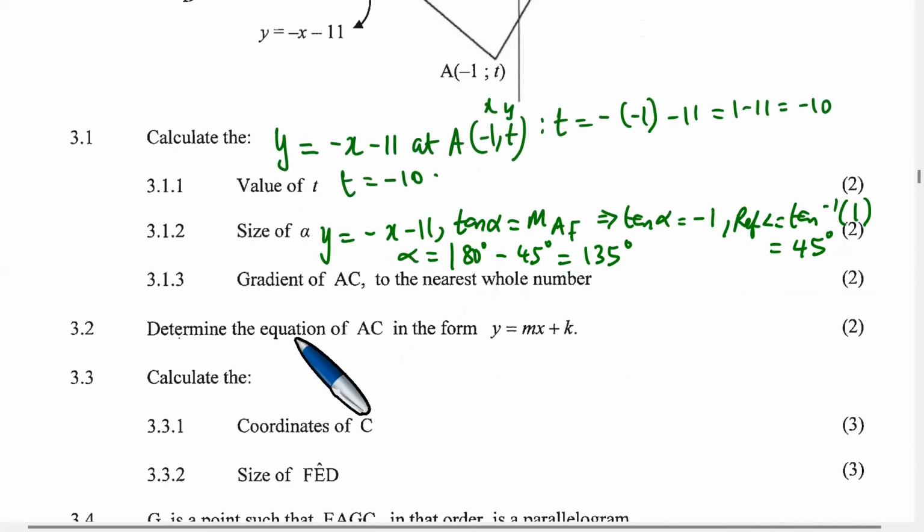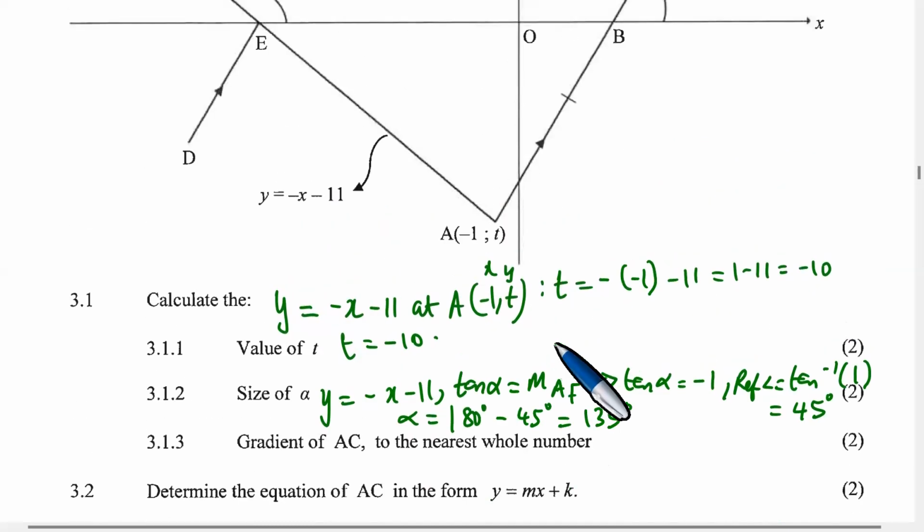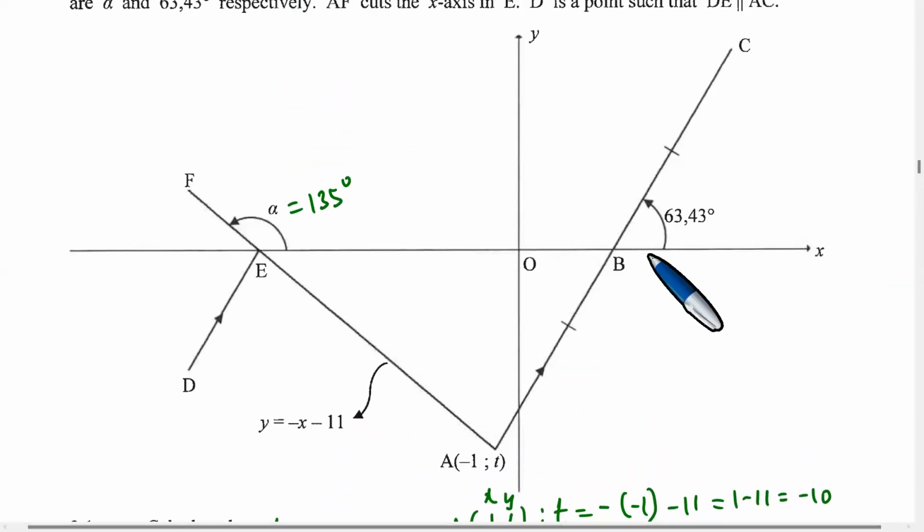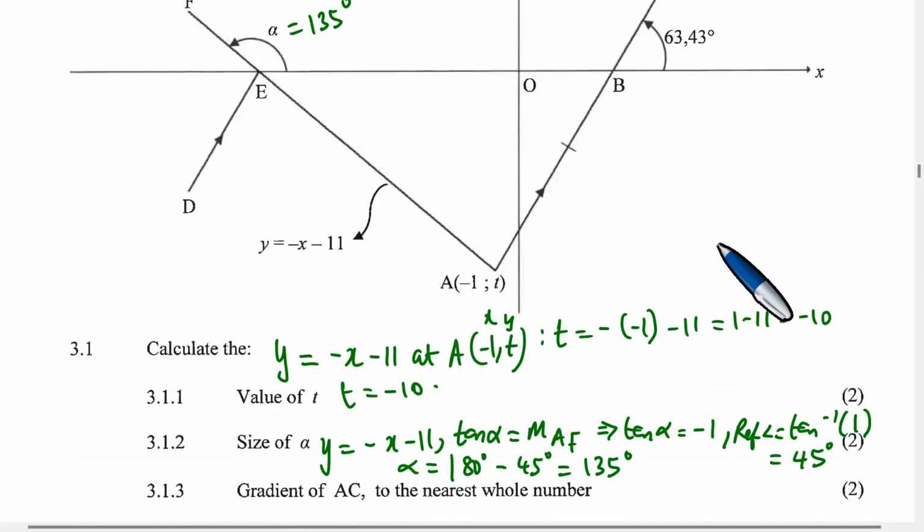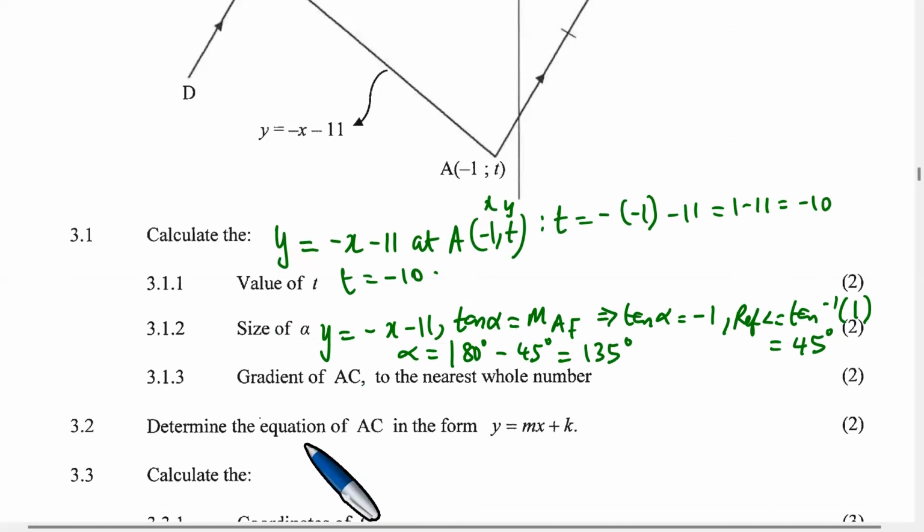Next question. The gradient of AC to the nearest whole number. Obviously we already know the angle of inclination. There are two formulas for the gradient. One formula that we're going to use is that the gradient of AC is equal to the tangent of the angle of inclination.